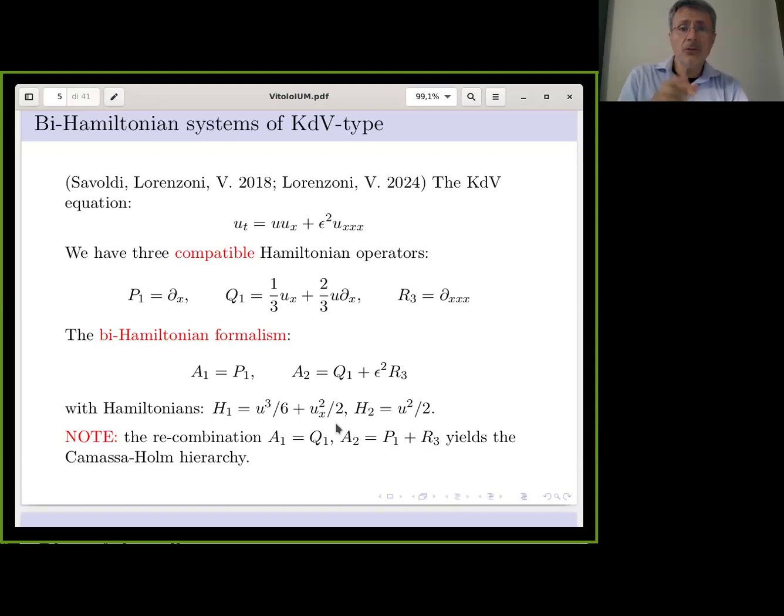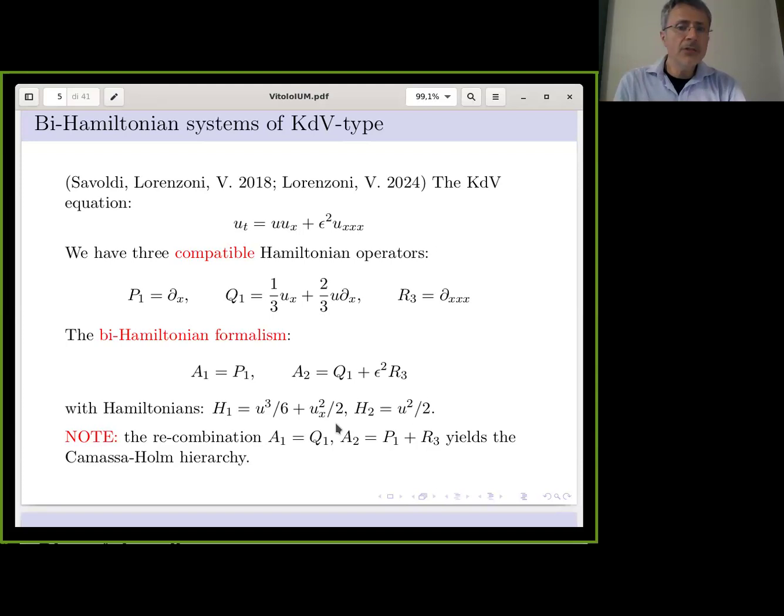There is a first-order operator P1, a first-order operator Q1, and a third-order operator D cube X. They can be combined in two different ways, because you can move D cube X from Q1 to P1 and the other way around. So if you assemble A2 as Q1 plus epsilon square R3, you obtain the standard Bi-Hamiltonian pair of the KdV.